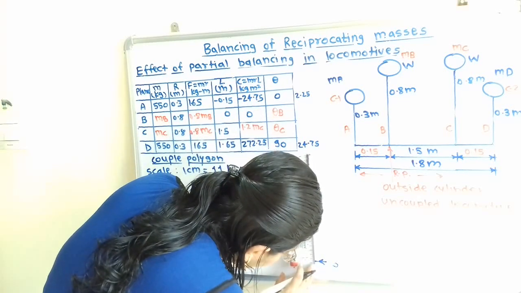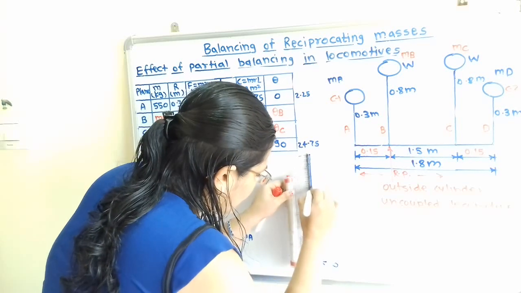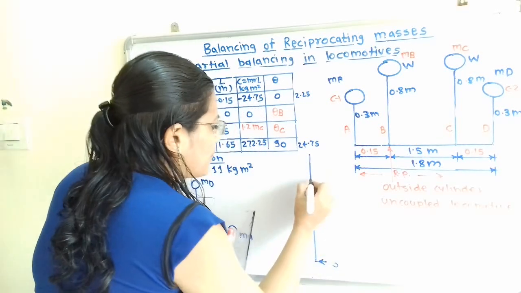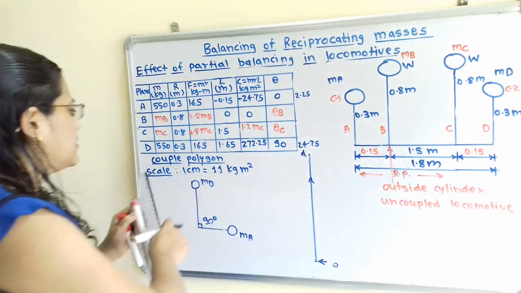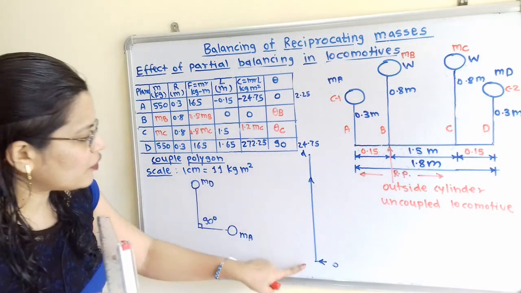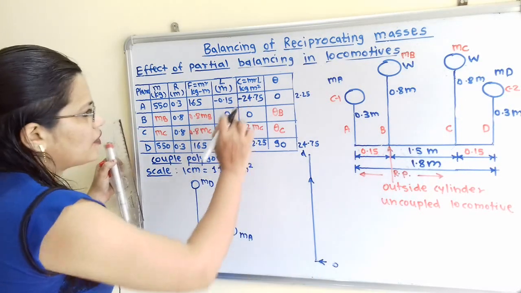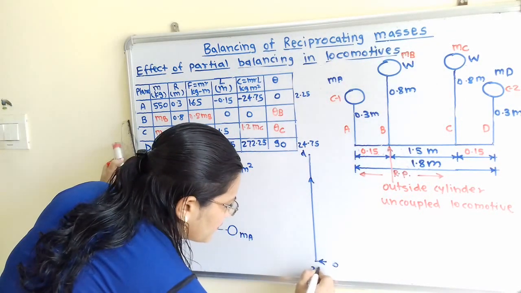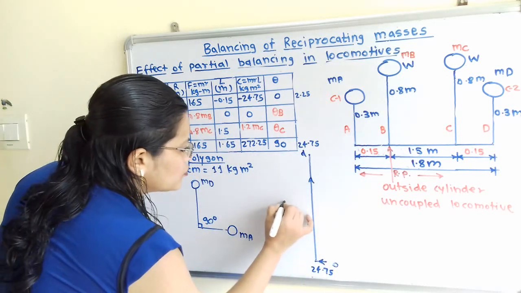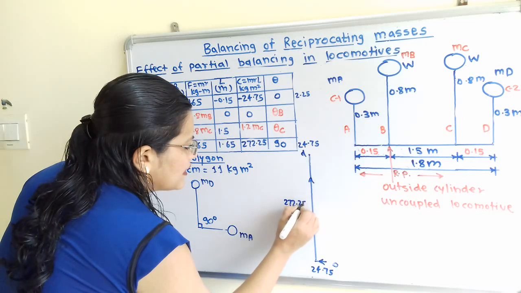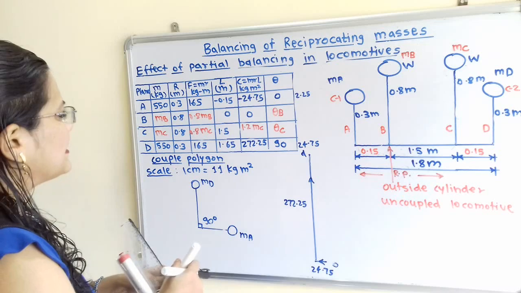We will draw this vertical line and show the arrow also, and the next point will be a small point D. Now we have to show the magnitude. What is the magnitude for this? That is 24.75. And what is the magnitude for this vertical line? That is 272.25. Now we will join these two points, that is D and O.